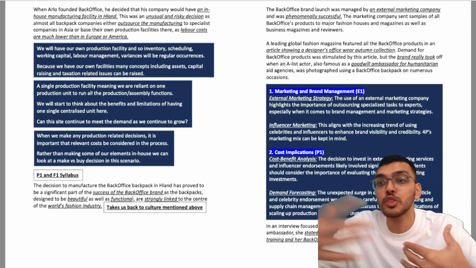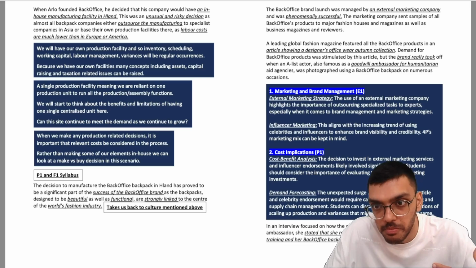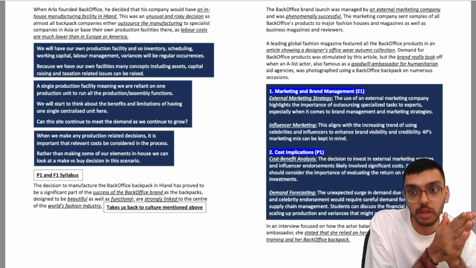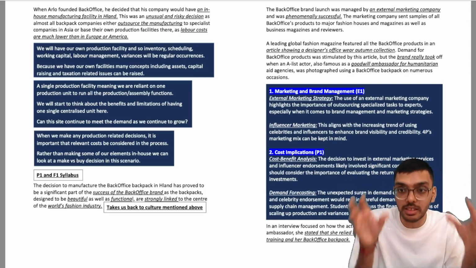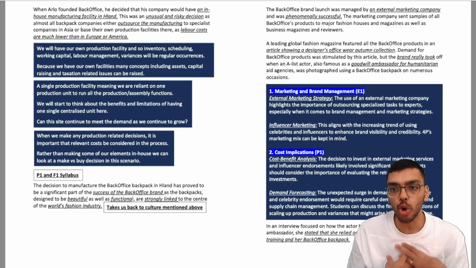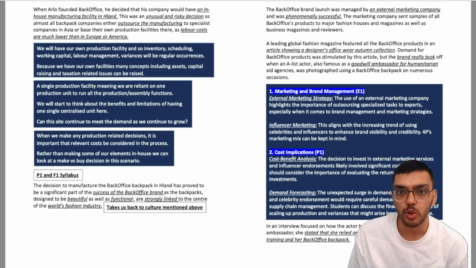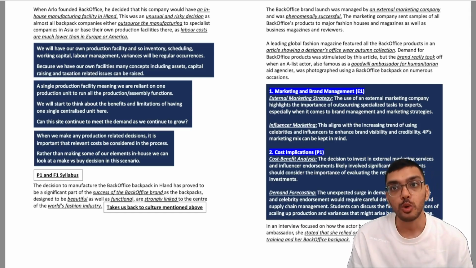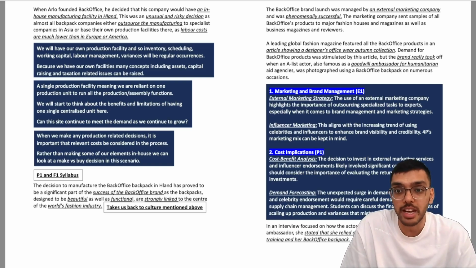So we had outsourced this function. So your outsourcing concept from the E1 syllabus is important because the business has taken to outsourcing from the very beginning. Whatever is not my core competency, you can look at outsourcing the same. So we have done that and outsourced the launch of the company, which was phenomenally successful. So that can be said as a good decision.